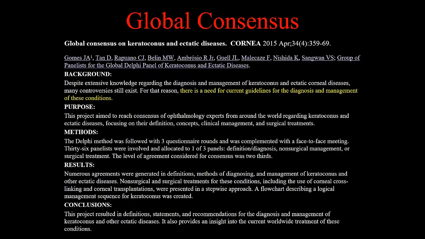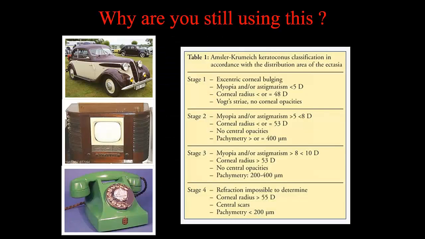So basically, this was unusual in that every single international society put together a consensus. And one of its conclusions was that we don't have an effective way of grading, classifying disease. We don't have an effective way of determining when and if progression occurs. I was part of this committee, and it kind of was my motivation to begin work on the ABCD. I also, for years, more than years, hated the Amsler-Krumeich classification. To me, it was a totally useless classification.